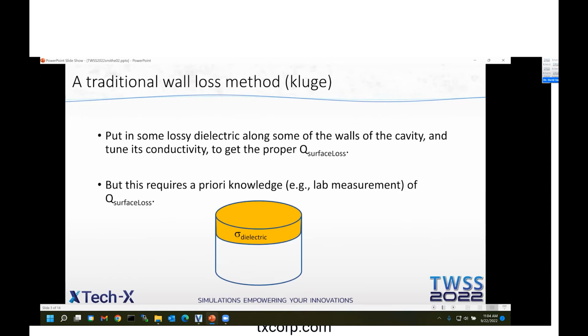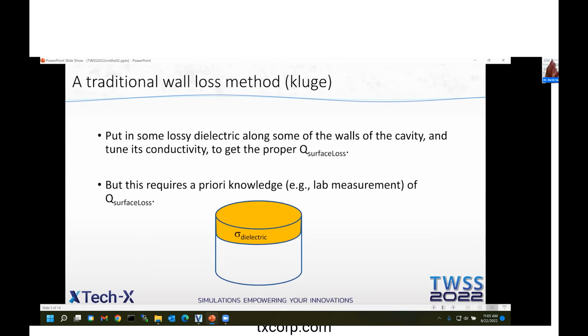In the past, we have occasionally had to do loaded cavities, something like a klystron cavity. The intermediate cavities might have a surface loss Q in a couple thousand range. But that's so high that we've typically done a kludge. We'll put an artificial dielectric material in there that has a certain conductivity to give a loss property to the whole cavity.